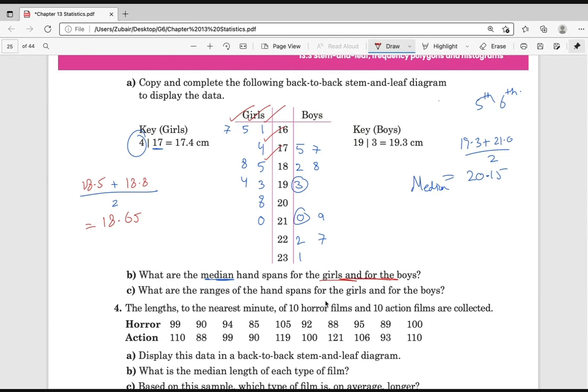What are the ranges of hand spans for girls and boys? For girls, the highest is 21 minus 16.1. This is 4.9. And for boys, what is the highest value?